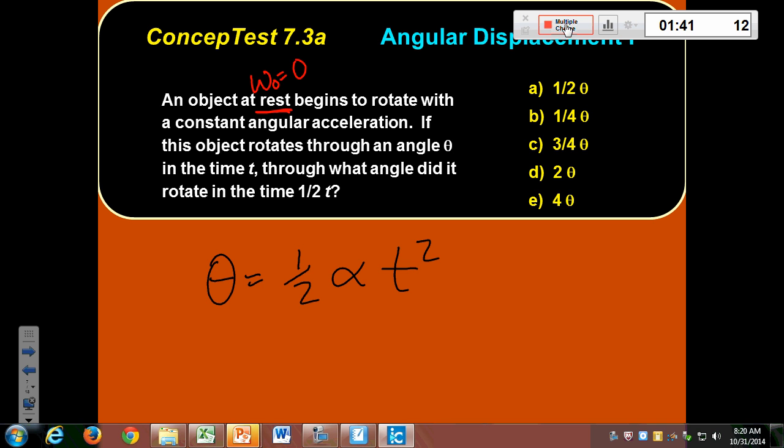Okay, let me try it again. So theta is proportional to t squared. Right, so in time t, I get angle theta. But what happens if I have time 1/2 t? What happens to theta? What angle do I go through in time 1/2 t? If I have that time, what happens to my angle theta?